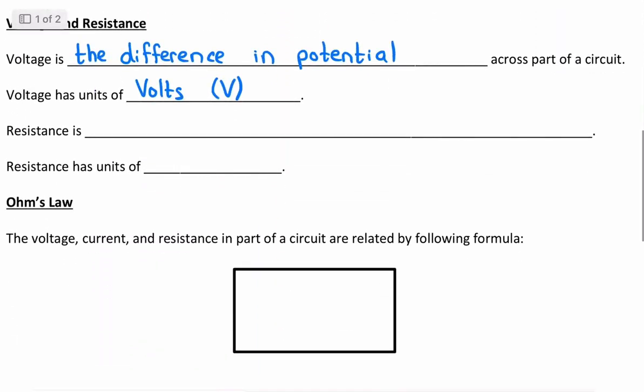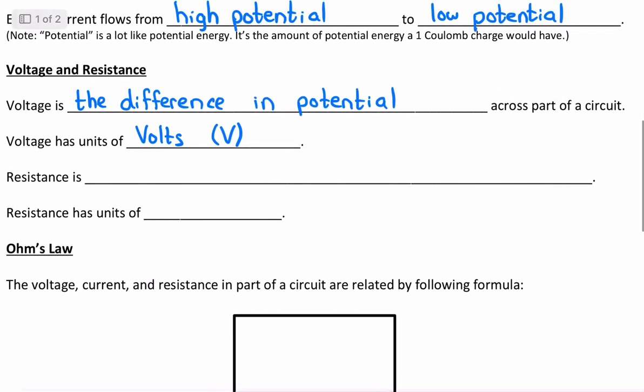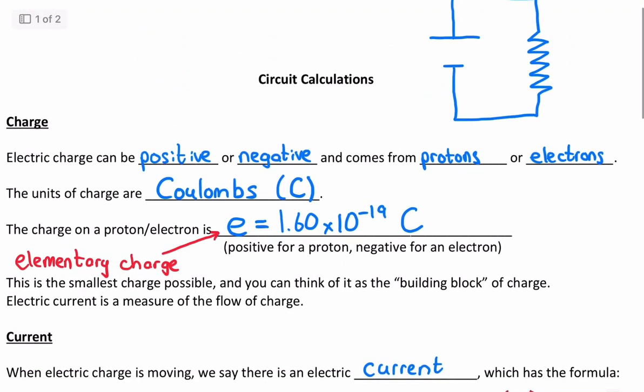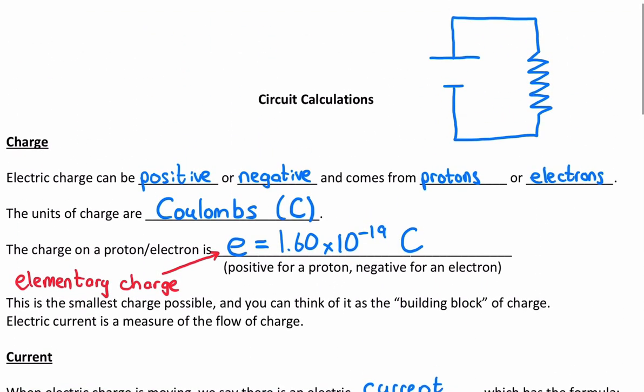So when we say that voltage is the difference in potential across part of a circuit, there's a couple places where we could talk about that. This part of the circuit here will have a difference in potential, just like the chairlift will have a difference in height from one end of the chairlift to the other.